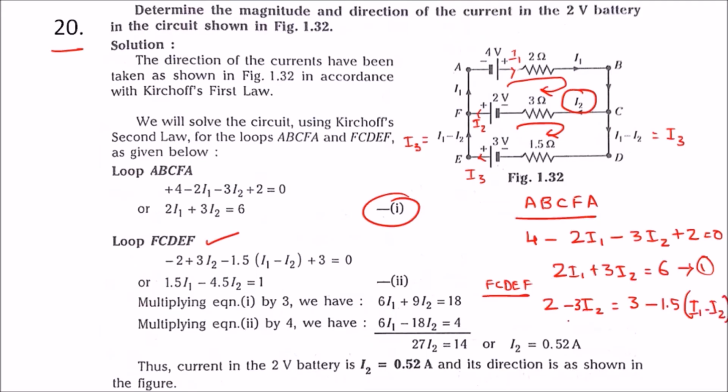When we further simplify, we will get equation 2. Multiplying 3 to equation 1 and 4 to equation 2, we will get the I1 terms equal, so that when we simplify, we will get I2. I2 is 0.52. So we have found the direction as shown in the circuit, and also the magnitude of the current in the 2 volt battery, that is 0.52 amps.